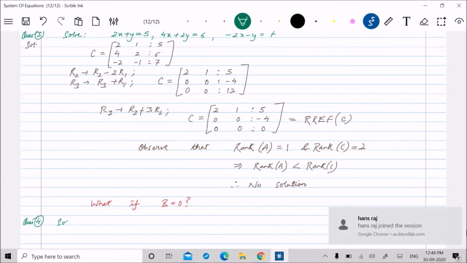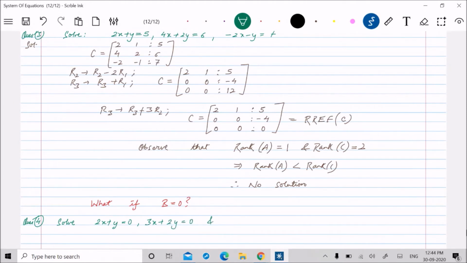Solve 2x plus y equal to 0, 3x plus 2y equal to 0, and 5x plus 6y equal to 0. Vikat, can you answer a small question: since we are having b equal to 0, is it possible that you have no solution?